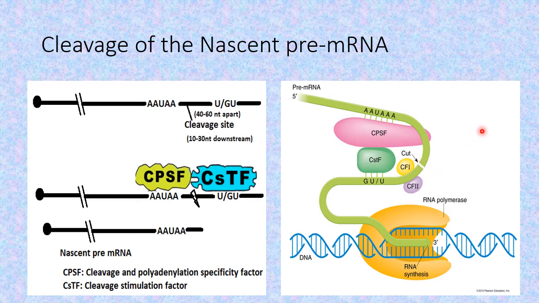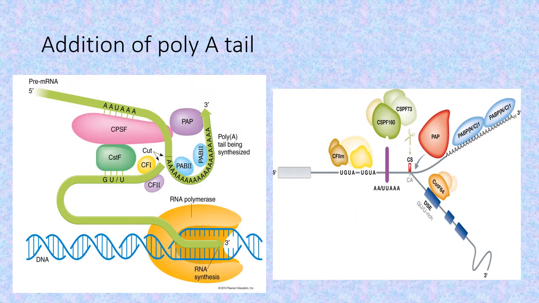So now two more things remain. First, addition of the poly A tail, and then the RNA polymerase has to be set free from this DNA. Only then will the termination be completed.